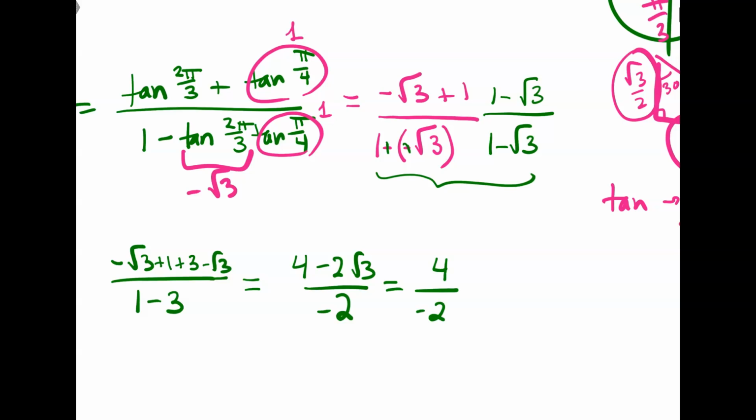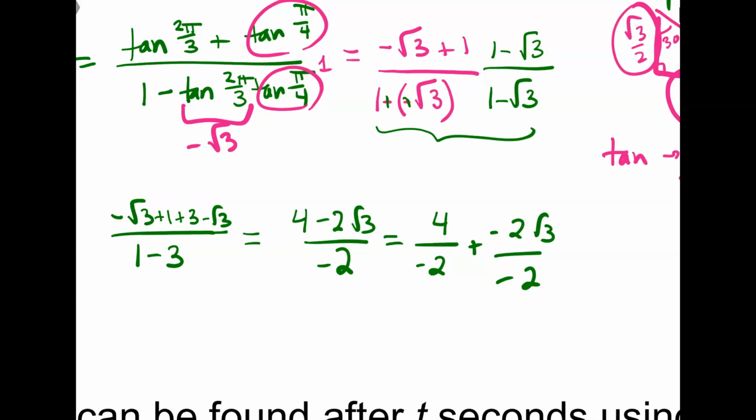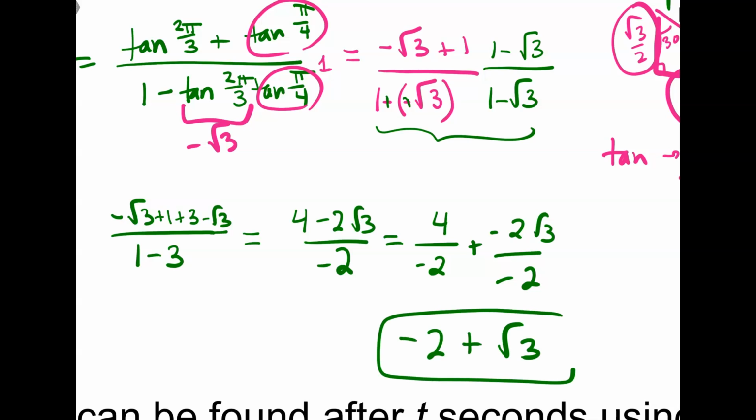I have 4 over negative 2 minus 2 root 3 over negative 2. I want to do it this way so you can see the negatives cancel out. This turns into negative 2 plus root 3. So the hardest part has nothing to do with identities. It's the algebra, making sure you don't drop your negatives, making sure you multiply your conjugates correctly.